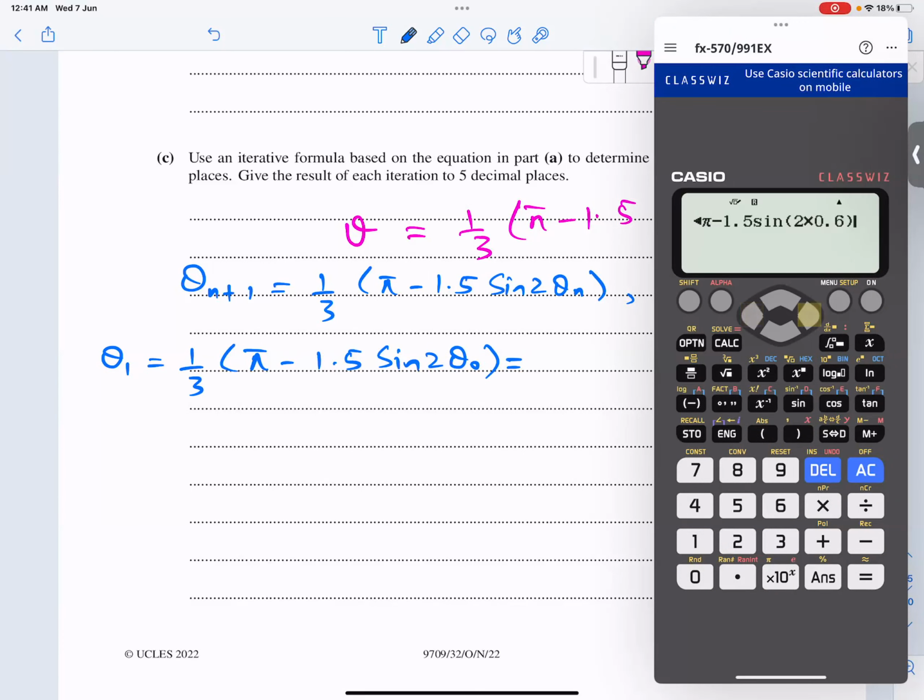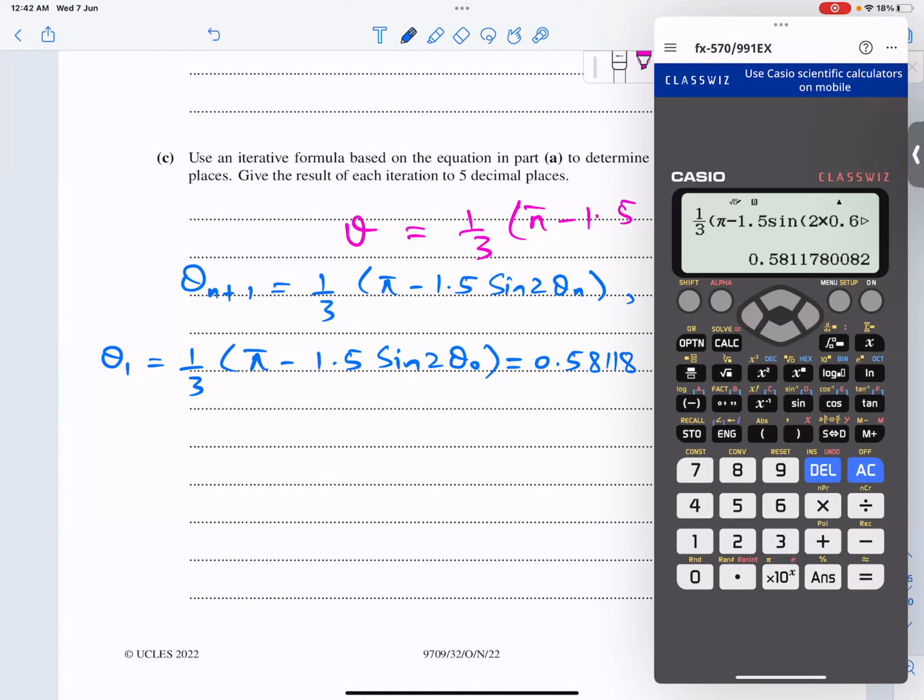Then close the bracket, and that equals 0.58118, because you need to give each iteration up to 5 decimal places.